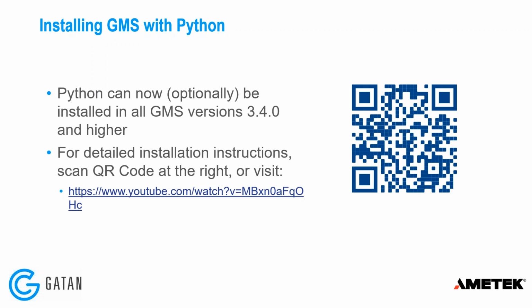I didn't use that myself, but there was something wrong with the free version of GMS that we had on our website, that Python wasn't working properly. But in the very latest free version on our website, that should definitely work.